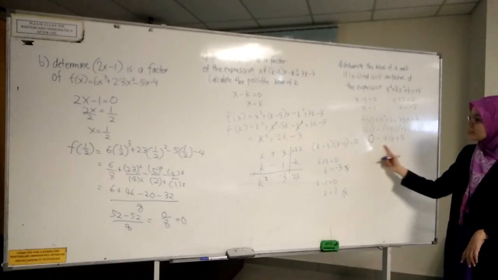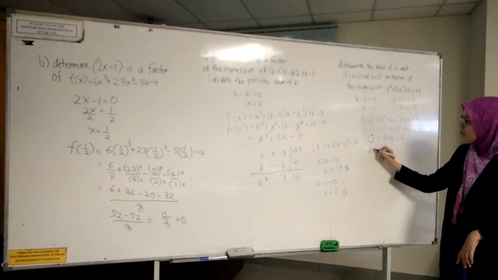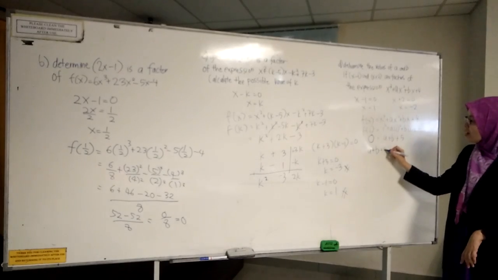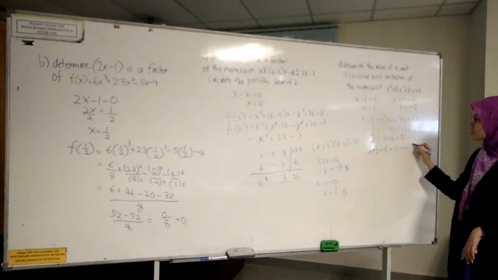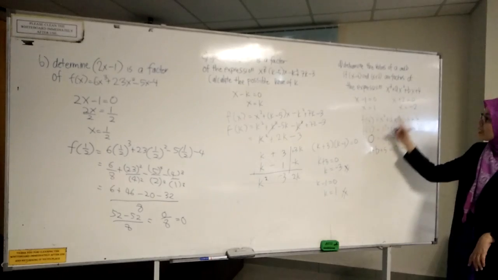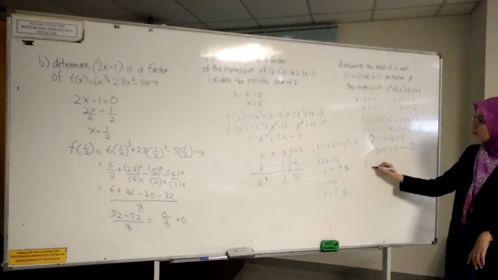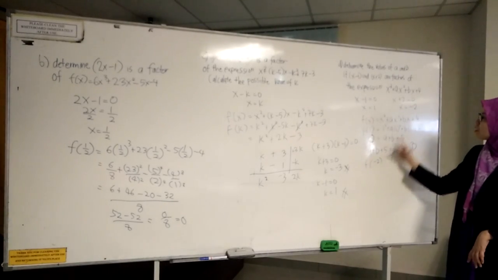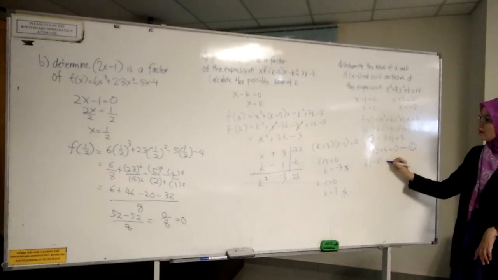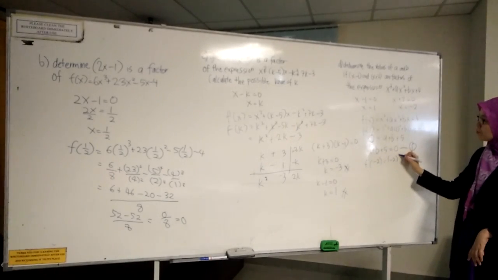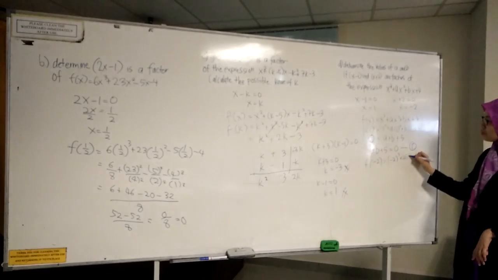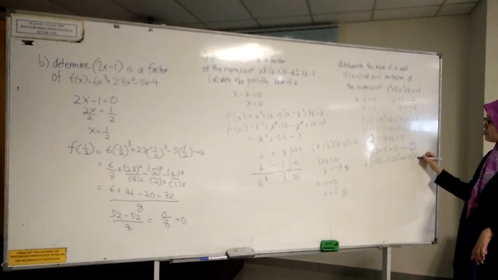Okay, now you have the first expression, a plus b plus 5 equals 0. Now we substitute the second value, f(negative 2). Negative 2 cubed plus a times negative 2 squared plus b times negative 2 plus 4.